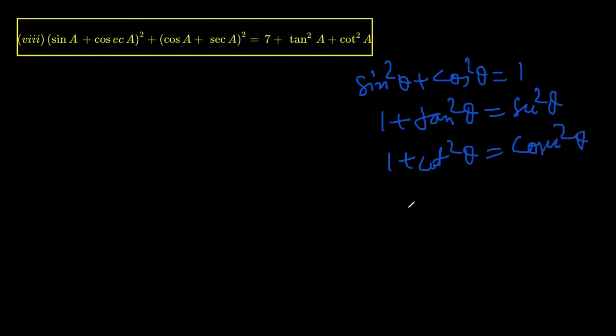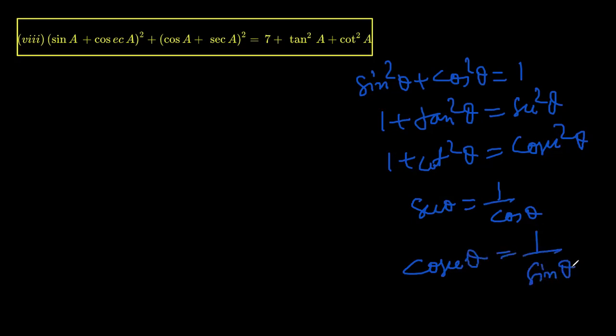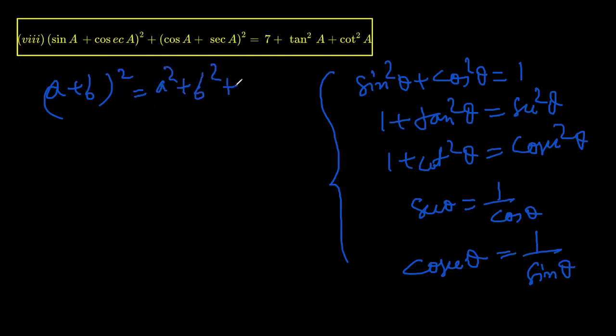Also the reciprocal of sec theta, which is cos theta, and cosec theta is equal to 1 over sin theta. We also needed A plus B whole square, which is equal to A square plus B square plus 2AB.